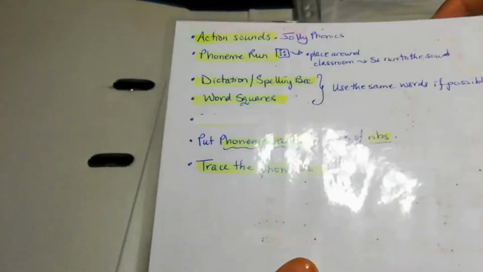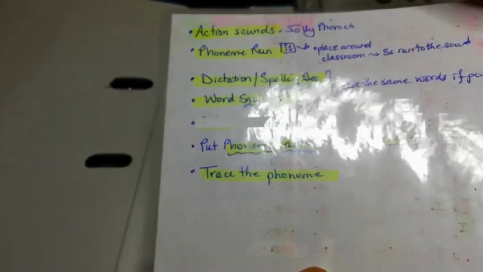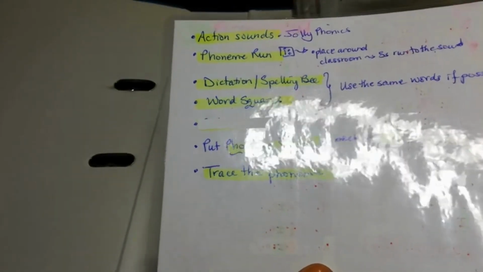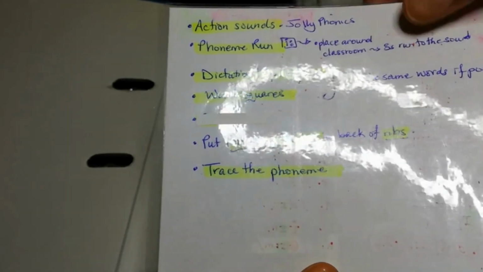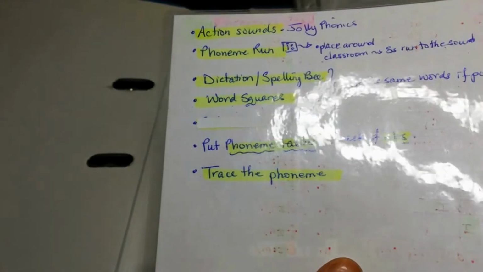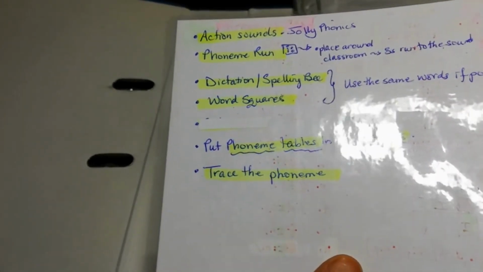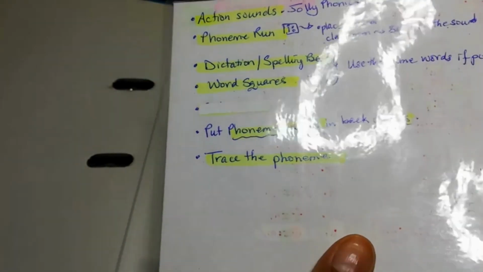So yeah, I've got some notes at the back. Get them up and moving with the action, the Jolly Phonics action sounds. Do a phoneme run: place the different phoneme flashcards around the classroom, say the sound and get students to run and grab the sound that they hear.